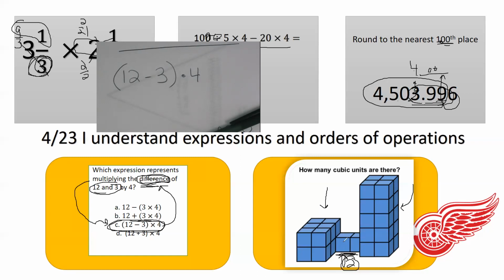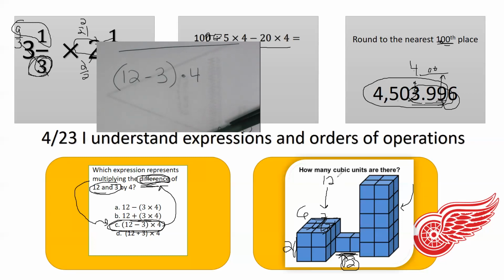So I'm just going to put my 2 there. 2 cubes. Now this one has a base of 3 by 2. And you could count that the area of the top is 6, because there's 6 squares. And then 6 goes up and down twice, right? So there's 2 layers of 6. 6 on top, 6 on the bottom. So there's 12 total.